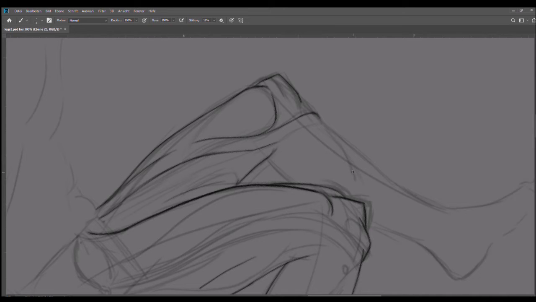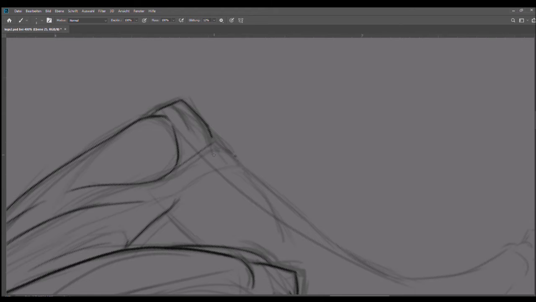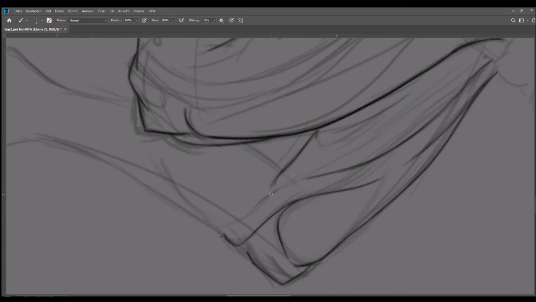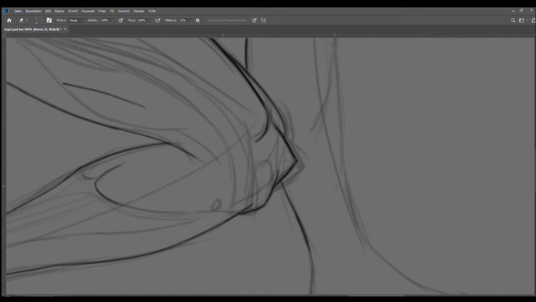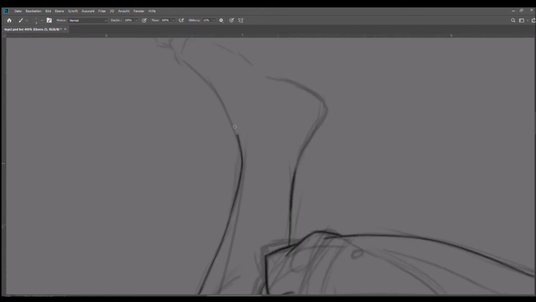But that's a good thing, because you can find a lot of these harmonic curves which give the shape of a human such a dynamic it would not have if even the legs themselves were symmetrical.